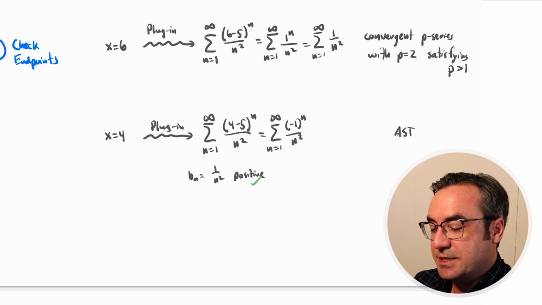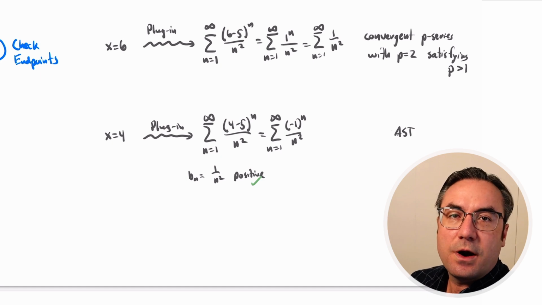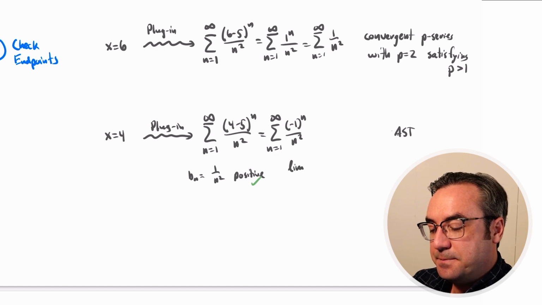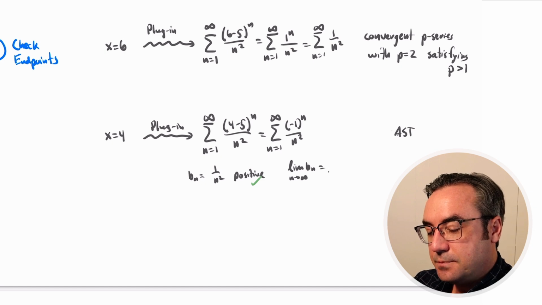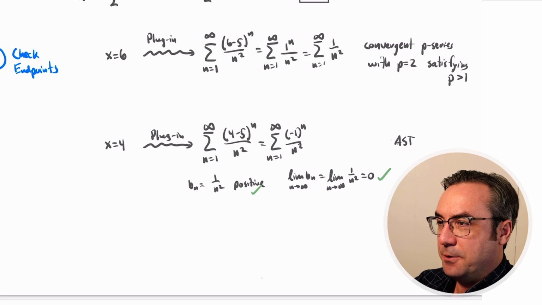So that part checks out. And then there's two things we have to prove for our alternating series test. We've got to calculate the limit of Bn as n goes to infinity. So if we calculate that limit, this is just a c over infinity form, so we know that one goes to 0. So that checks out as well.